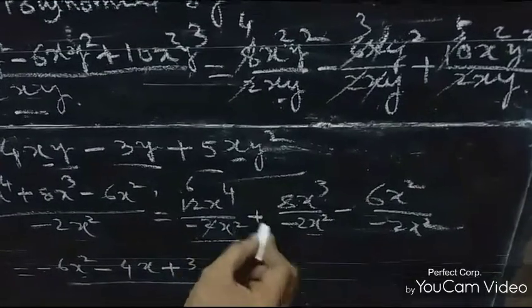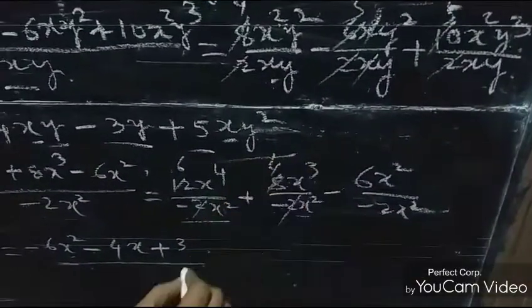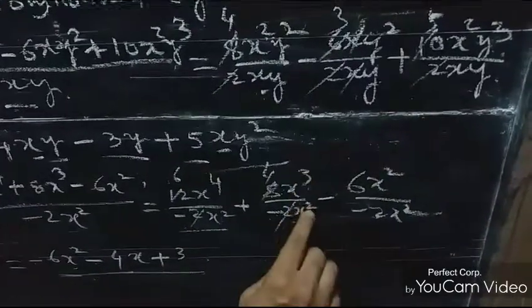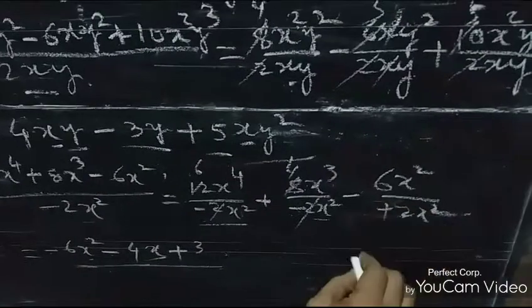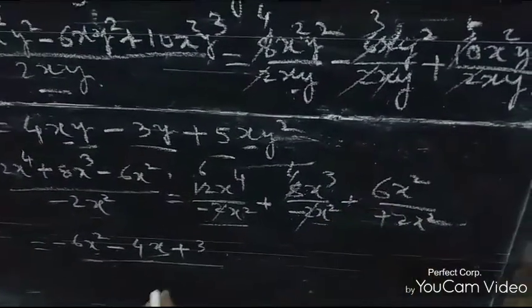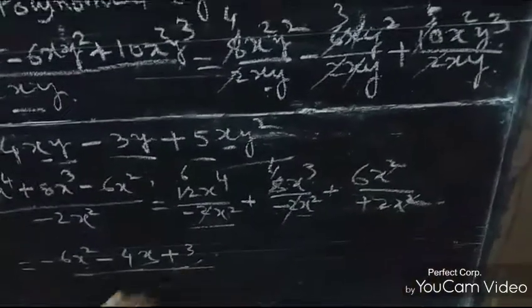This is plus into minus, so it will be minus. Then the numerical part is 4, and x cube, 3 minus 2, is x. And this is plus into minus into minus, so it will be plus, and x square is cancelled, so it is only 3.